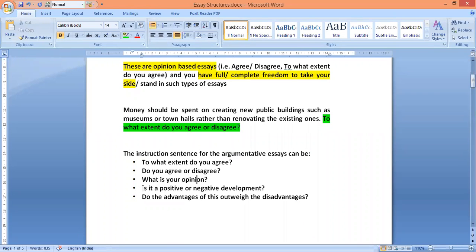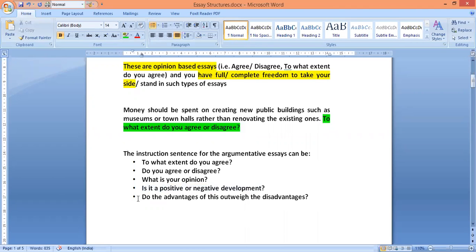And some questions ask, is it a positive or negative development? You can say it's a positive development. Or you can say it's a negative development. Or you can say it's both positive and negative. And do the advantages of this outweigh the disadvantages? You can say yes.